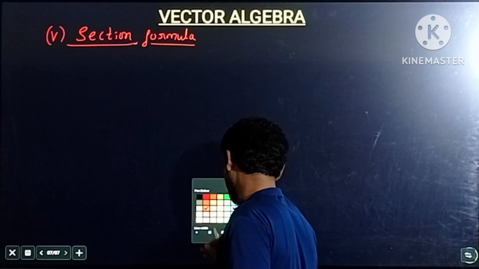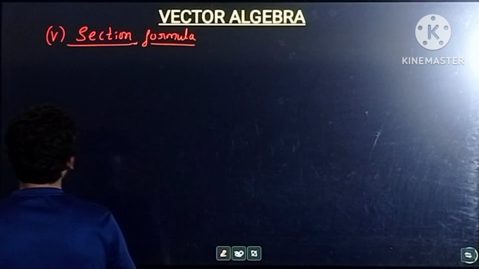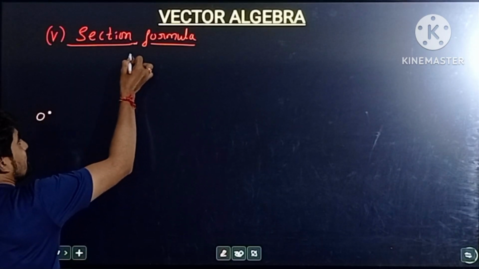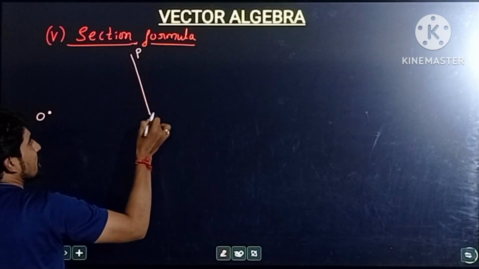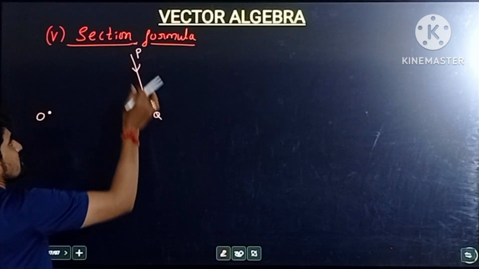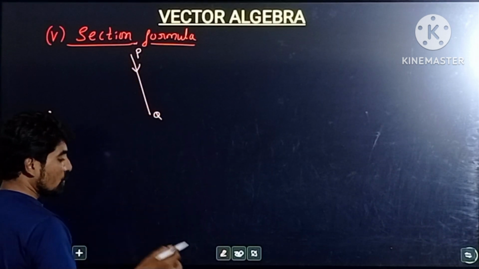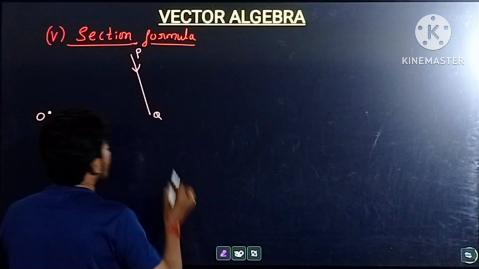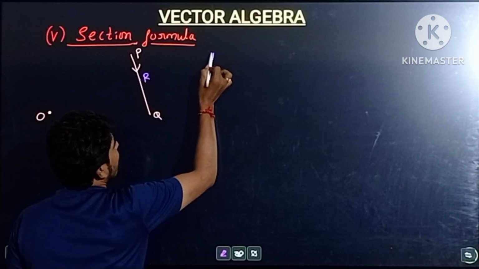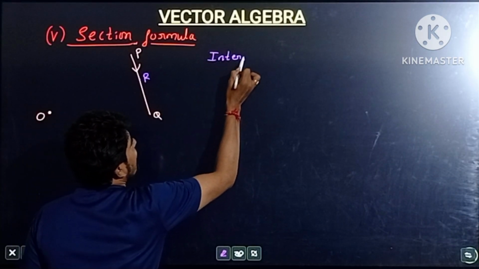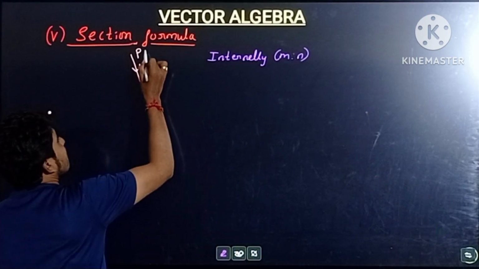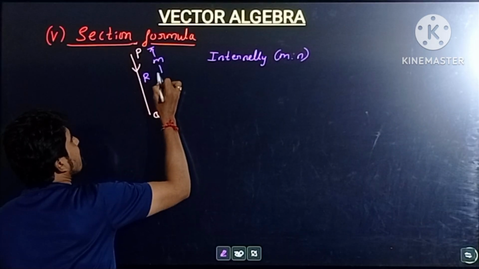See here, what is the concept of this section formula? So let O be any fixed point and PQ is a vector joining two points P and Q. PQ is any vector which joins the points P and Q. And suppose the point R divides this PQ internally in the ratio m is to n.